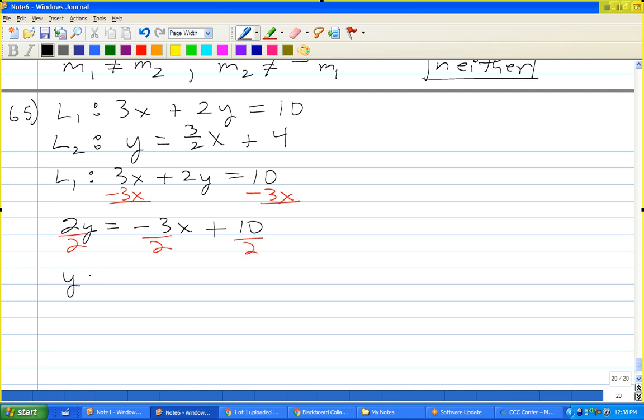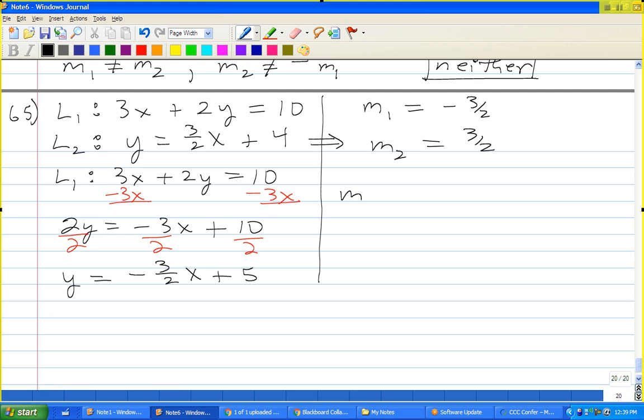And so y is equal to negative 3/2 x plus 5. Okay. So that says that the slope of the first line is negative 3/2. But this is already in the form y equals mx plus b. So the second line has a slope of 3/2.